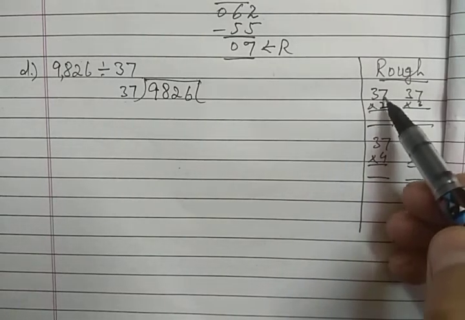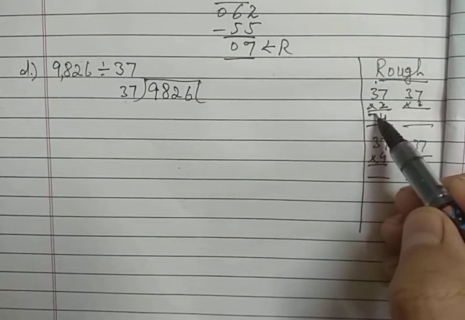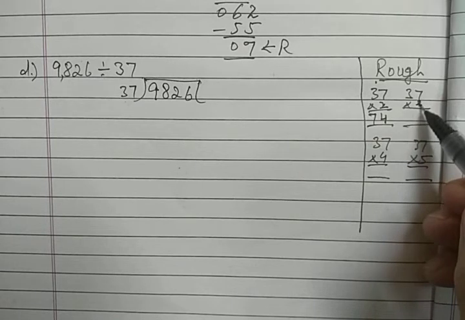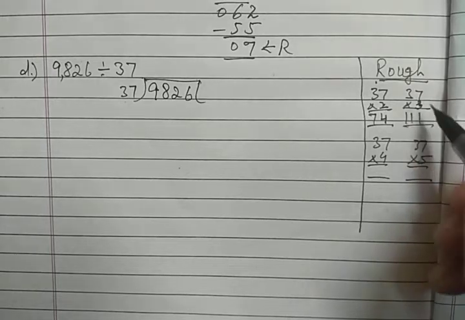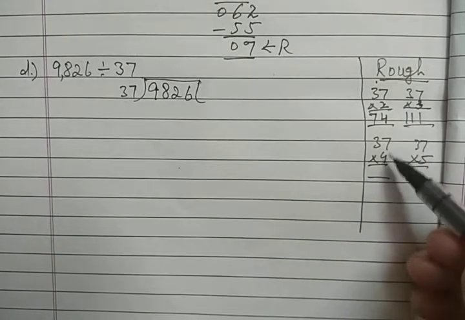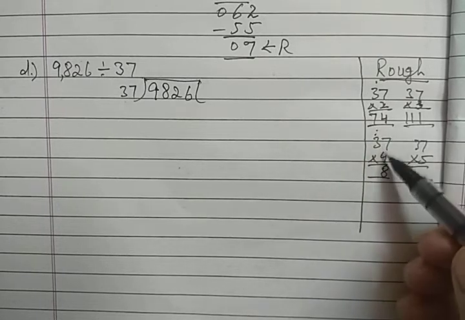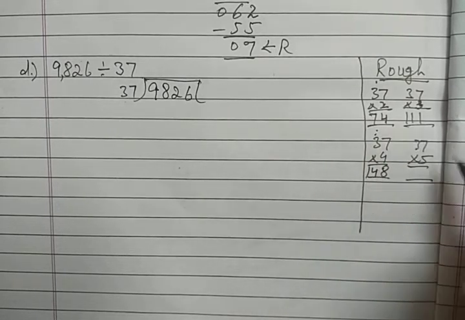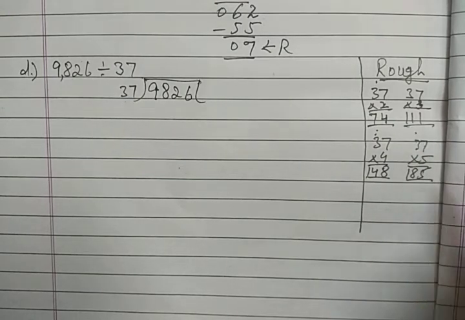So 37 twos: 2 sevens are 14, 1 carry, 3 twos are 6 plus 1 is 7, so 74. 37 threes: 3 sevens are 21, 3 threes are 9 plus 2 is 11. Next, 4 sevens are 28, 2 carry over, 4 threes are 12, 13, 14, and 5 sevens are 35, 5 threes are 15, 16, 17 and 18.